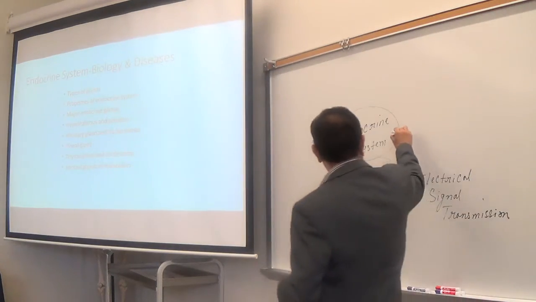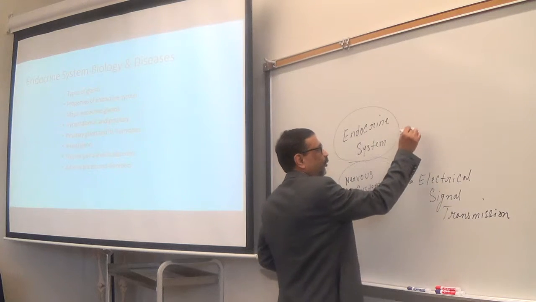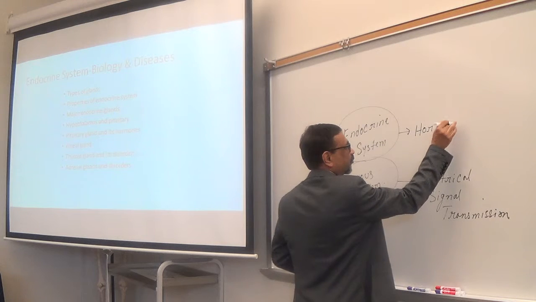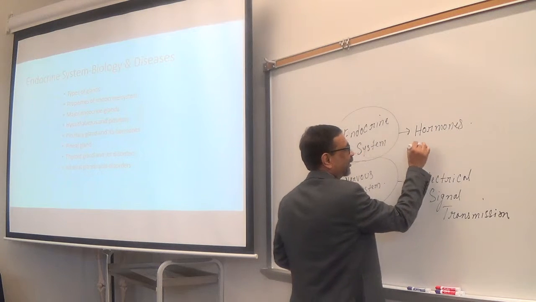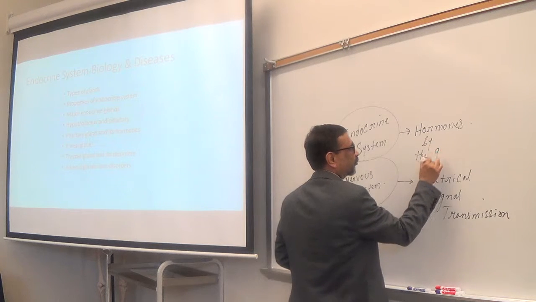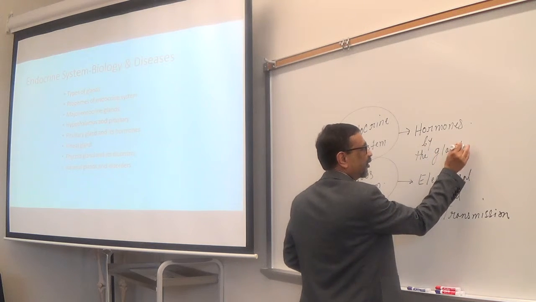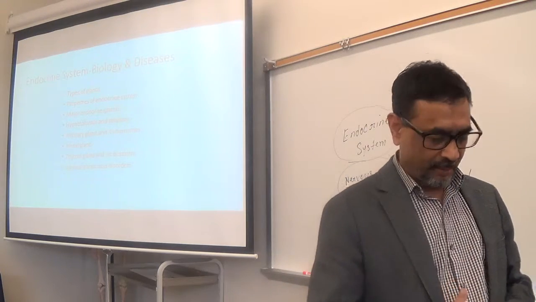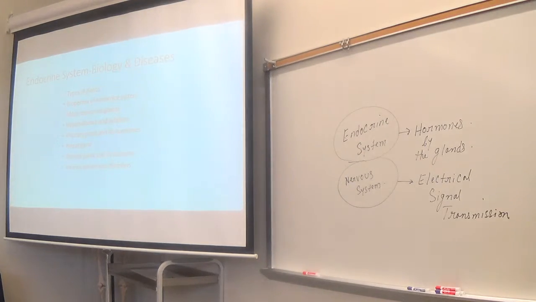The endocrine system works through the hormones produced by the glands. So it works through the hormones from the endocrine glands.